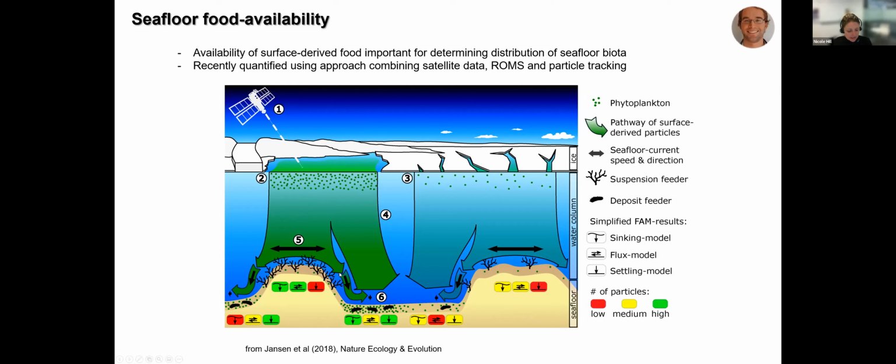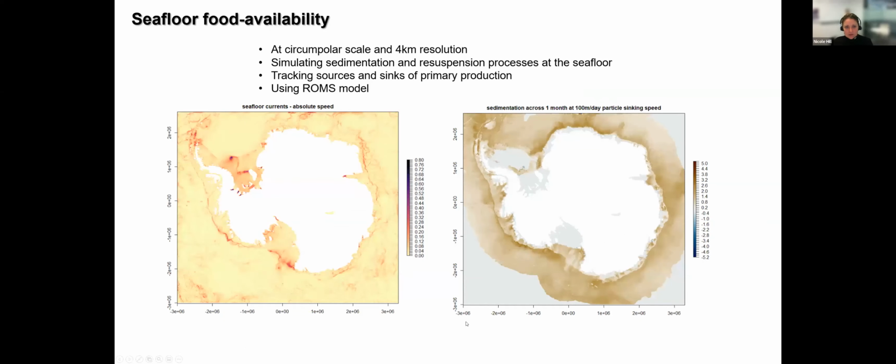And so Jan did a proof of concept of this for George V shelf, and it worked really well, and we found that it improved our ability to predict where sessile species lived significantly. In this project, we're expanding that to a circumpolar scale and a 4-kilometre resolution. The oceanographic model that was under the hood for this was the ROMS system.